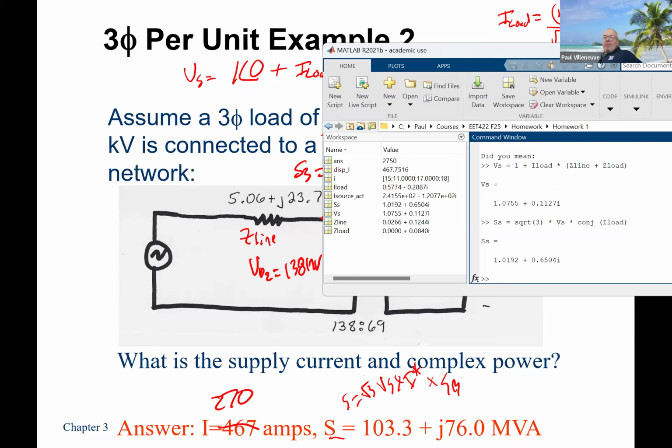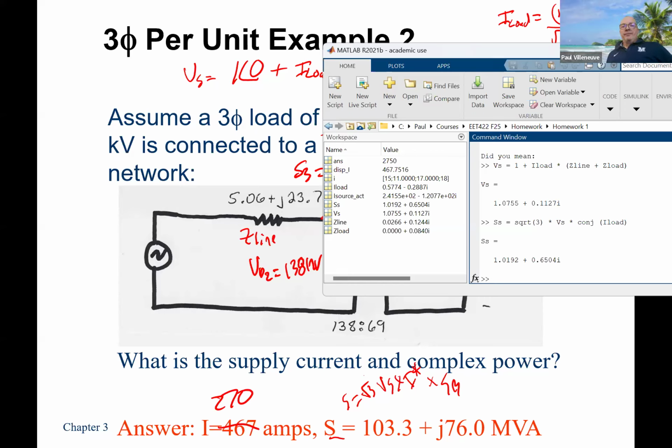Because when I multiply those by 100, I get 101.9 versus 103.3. This is a little further off, but it's 65. So it's reasonably close because I'm doing everything in MATLAB and making it hopefully more efficient. Well, that's it. That's how you convert back and forth.